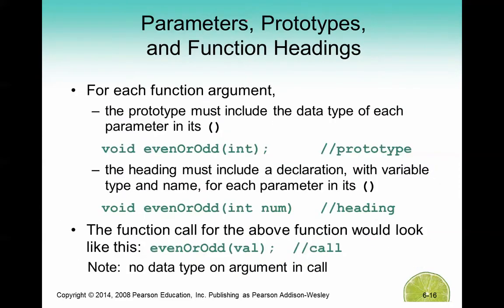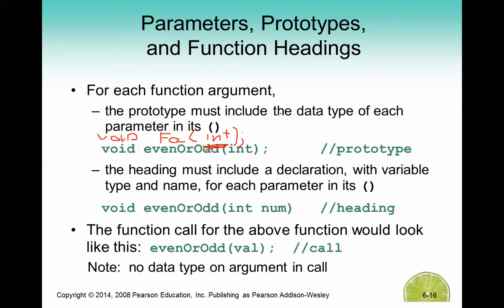So my prototype is going to be void function A, the name, FA, and then I open the parenthesis and I put an int. I don't need to give it the name of the variable, not necessary. I just need to give the data type of that parameter that is going to be received.